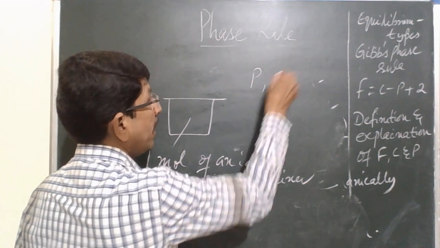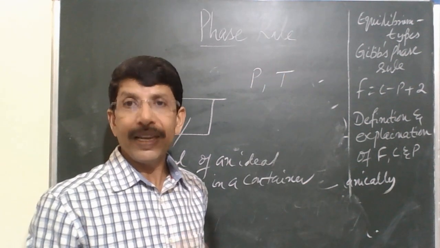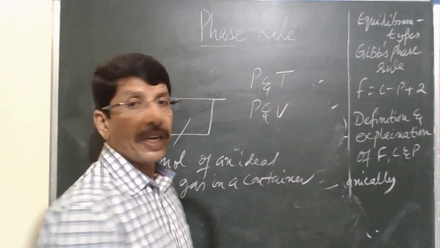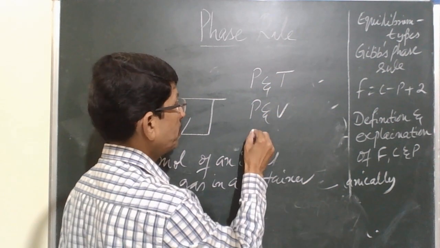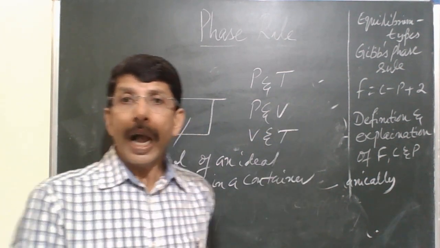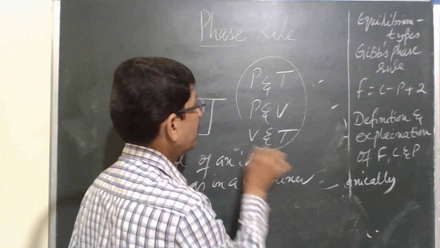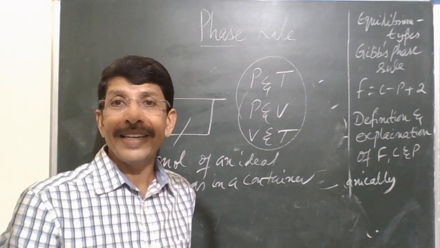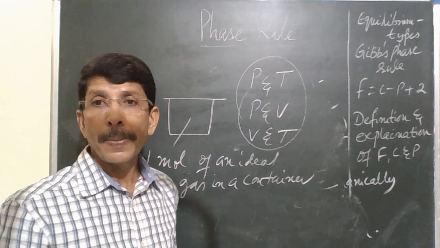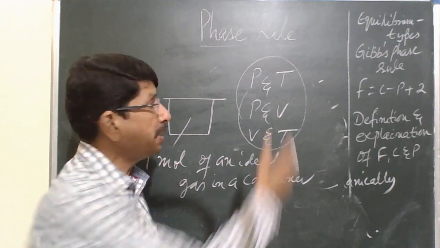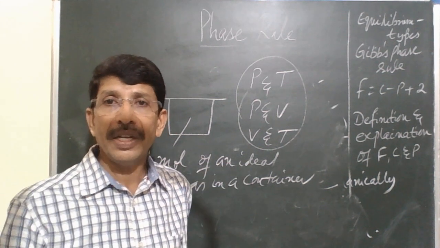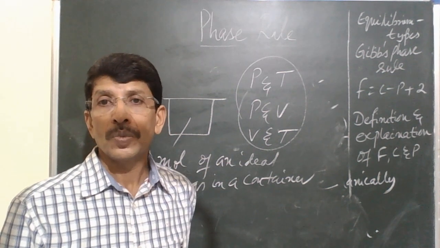I have to specify either pressure and temperature, or pressure and volume, or volume and temperature. Unless you specify this for this 1 mole of an ideal gas enclosed in a cylinder, without these properties, you cannot just imagine what is the state of that gas, right?